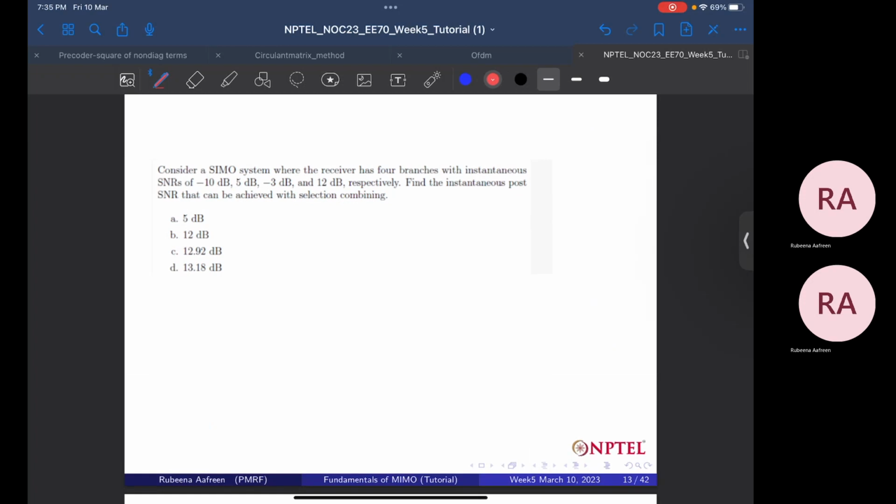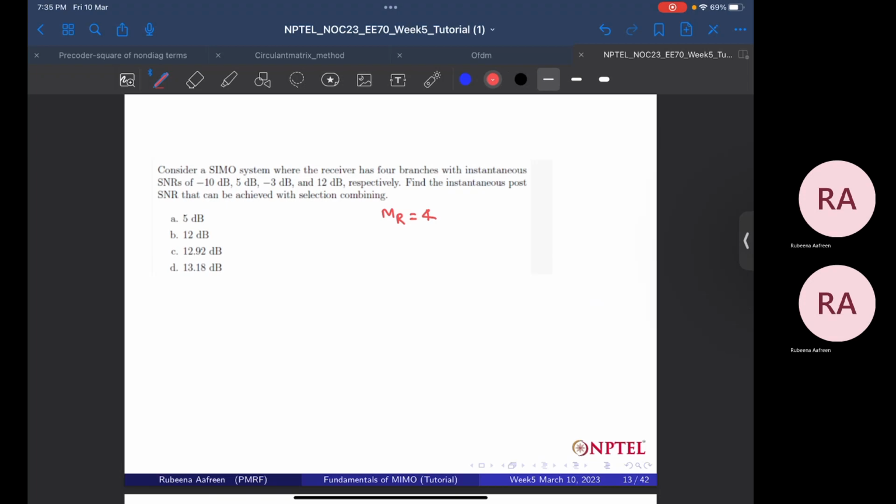So here it is saying that a SIMO, single input multiple output, system is there where the receiver has 4 branches. So 4 branches means MR is 4. Now the instantaneous SNRs are given as minus 10 dB, minus 3 dB, 12 dB, 5 dB.